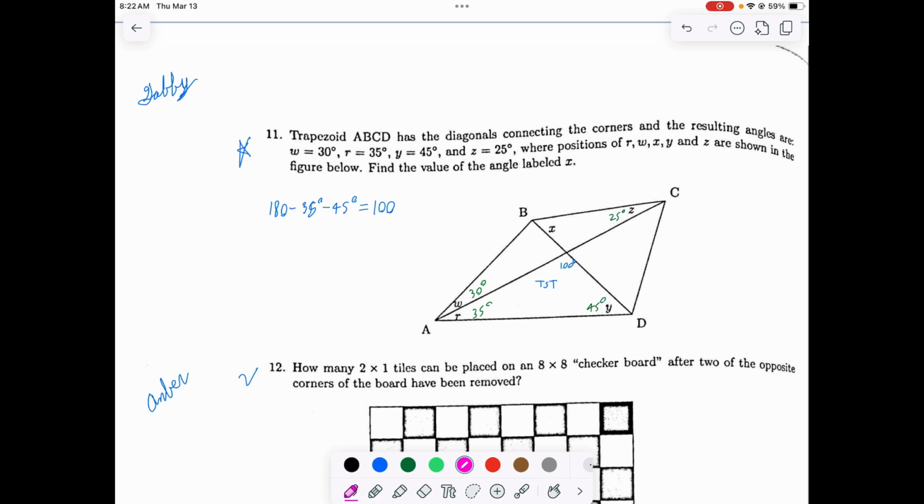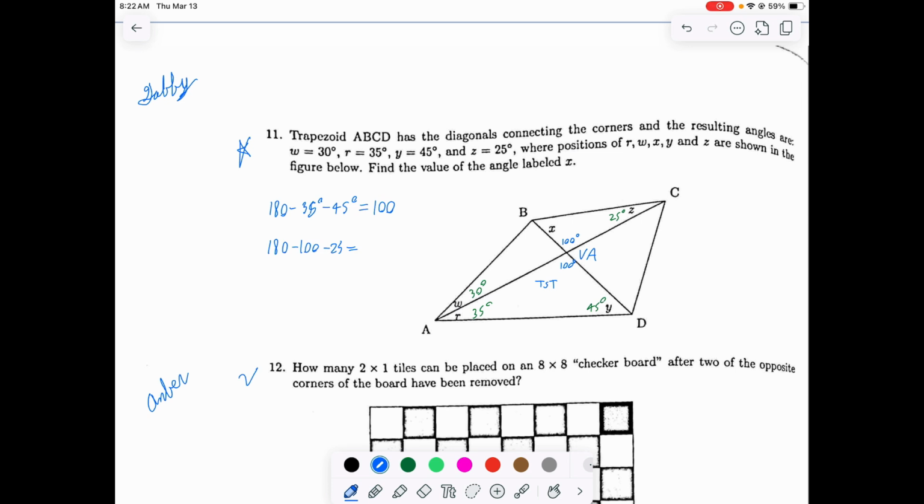Well, that angle is actually related to the angle right across from it because they are vertical angles. So since that's 100 degrees, this one is also 100 degrees because they are vertical angles. All right. Now, if that one's 100 and that one's 25, what does that one have to be? Once again, apply the triangle sum theorem. We got 180 minus 100 minus 25.